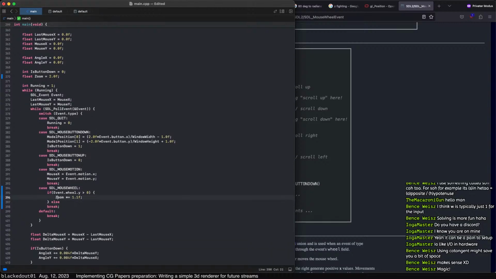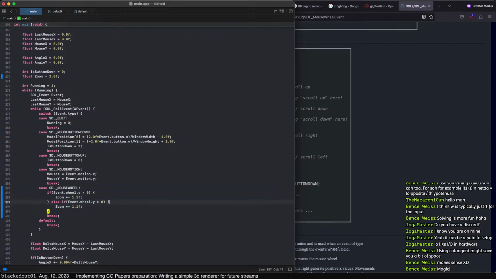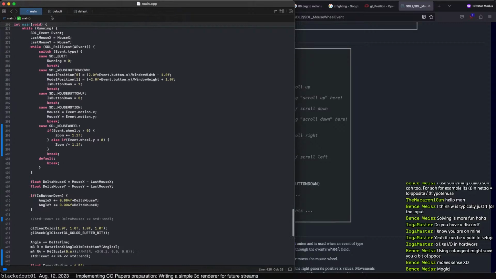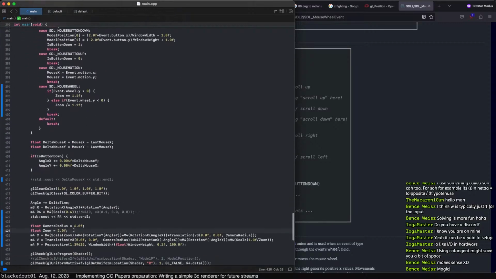And in the other case, I would scale it by the inverse of that, so basically divide this. And now I can remove this.